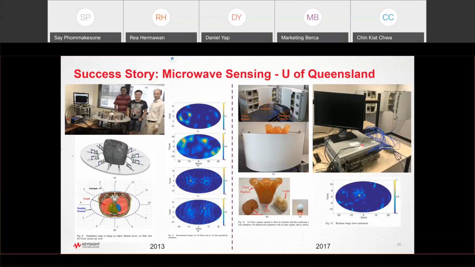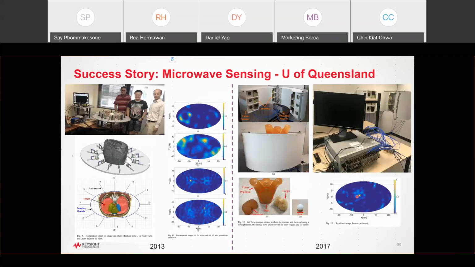Now we are using these different PXI VNAs that can provide multi-port measurements simultaneously, and these can actually detect small items in the phantom, so that you can clearly see the actual foreign object in the phantom material, so that we can detect perhaps cancer or tumor.